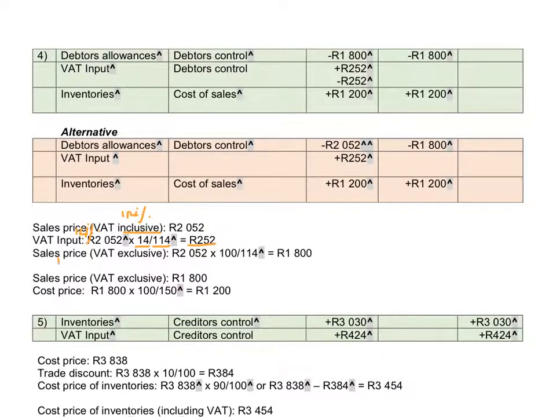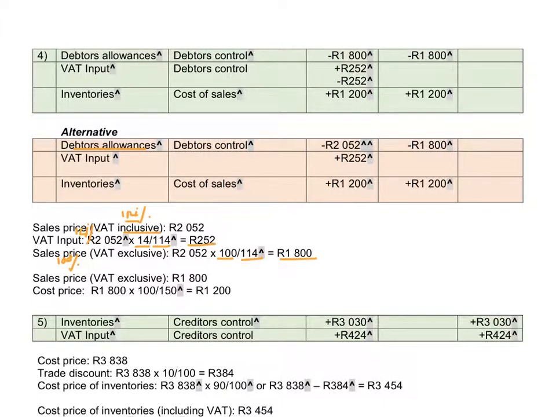The sales price equals 100%. That is excluding the VAT. So if we want to calculate the sales price income of the business that's going to be reduced, then it means the one that we want, 100, divide by the one that we know, 114, and that will give us 1,800 Rand. Debtors allowances is used to reduce sales on the debit side.